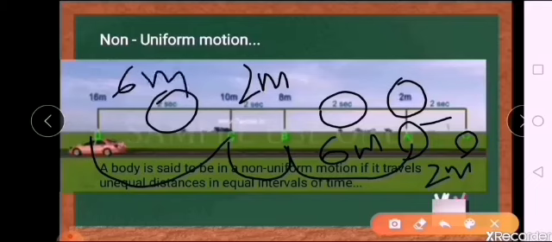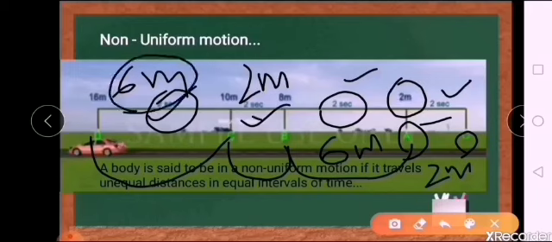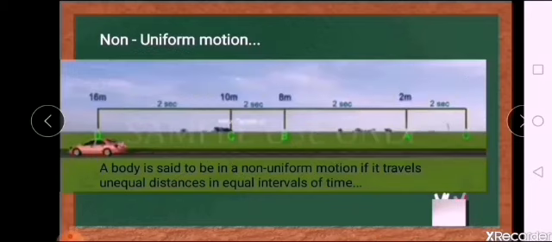So from here itself, you can see there is no uniformity. The time intervals are the same, but see the distances. First it is 2 meter, in the next 2 seconds it is 6 meter, in the next 2 seconds it is 2 meter again, and in the last 2 seconds it is 6 meter. So that is what is non-uniform motion.